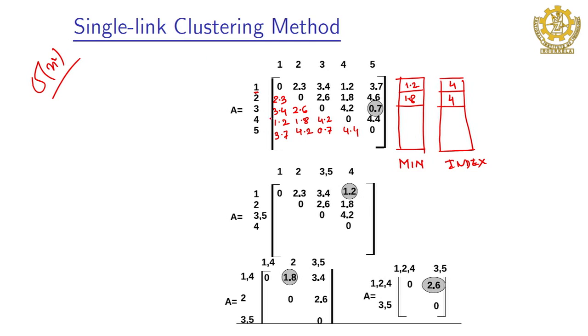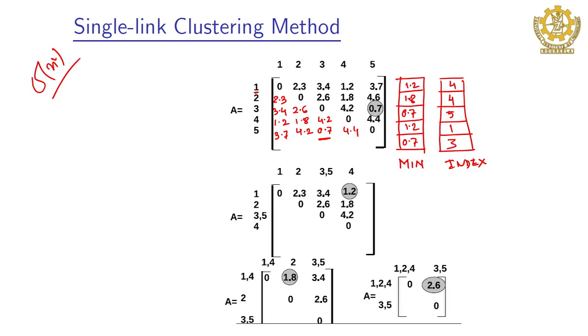Next, 0.7 is minimum, so you write 0.7, and 0.7 is nothing but the 5. Next is the fourth row. Which one will be minimum? 1.2, right. So the minimum is 1.2 and the index is 1. And then the fifth: which one is minimum? 0.7, right. So this is 0.7 and then 3.